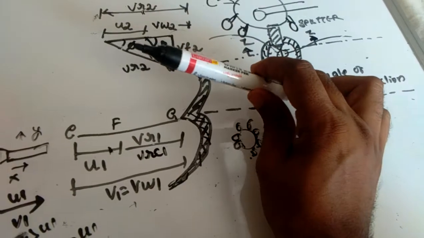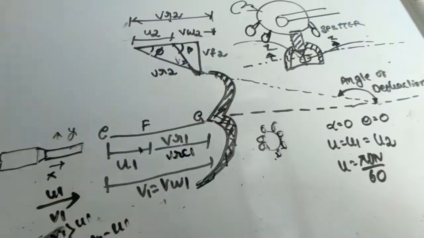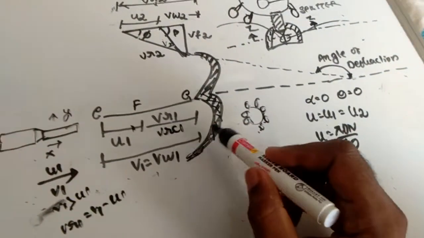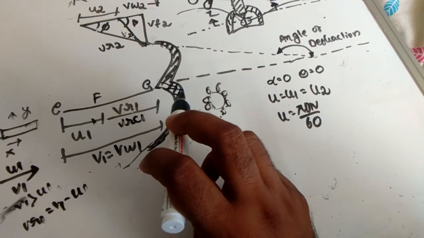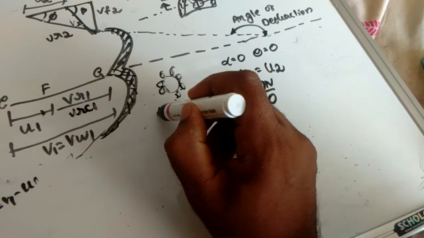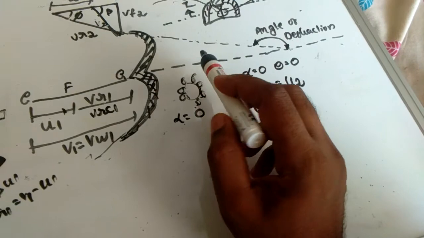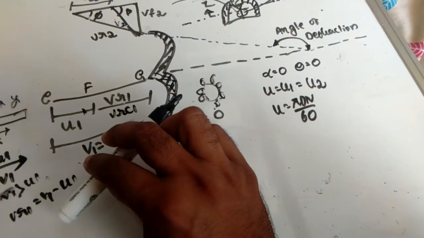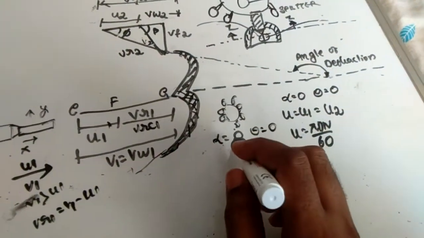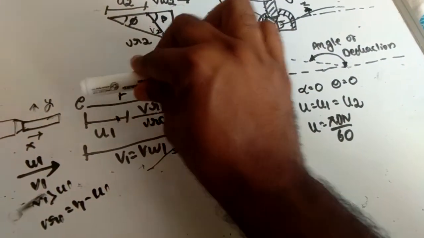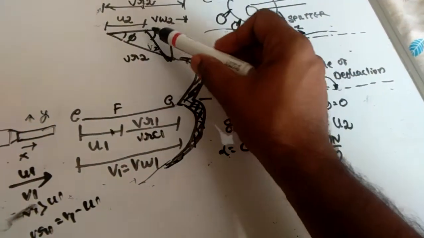At the outlet, the relative velocity makes an angle with respect to the horizontal. Suppose the water is striking tangentially, then V1 makes an angle with the horizontal, which is alpha. Here it strikes straight, so alpha is 0. Theta is the angle of the relative velocity, since the relative velocity is also inclined. Theta is equal to 0 here, because in both cases it is 0, so it becomes straight and strikes the center. Then there is V2, the absolute velocity, which comes out.